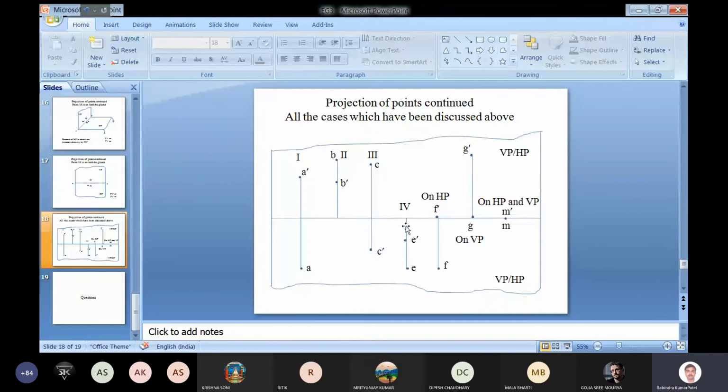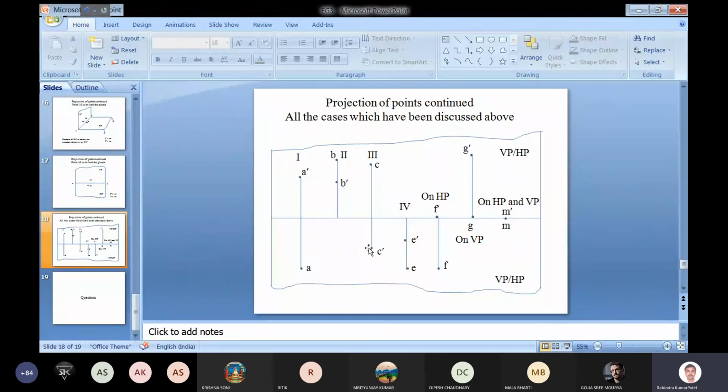In case of the first and third quadrants, the front view is above the reference line in the first quadrant and below the reference line in the third quadrant.